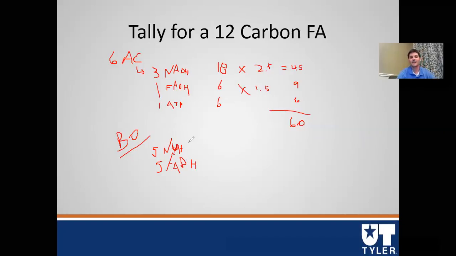We know that we can multiply 5 times 2.5, which is going to give us 12.5.